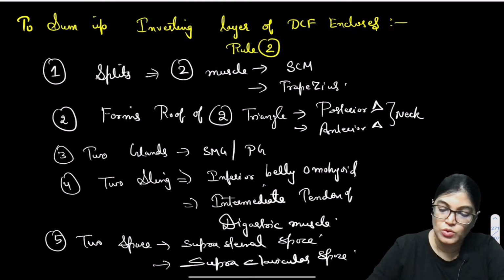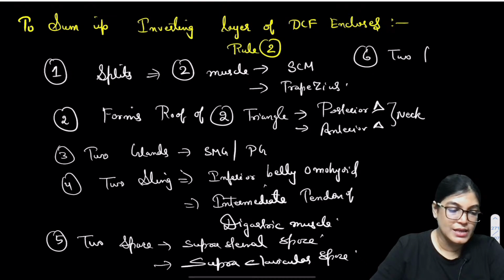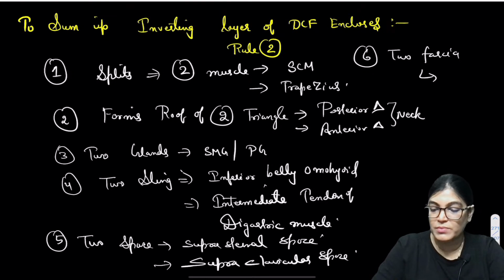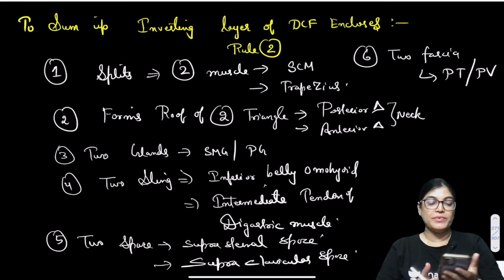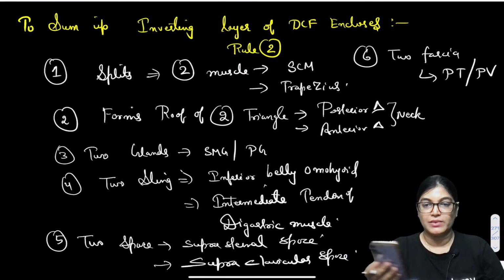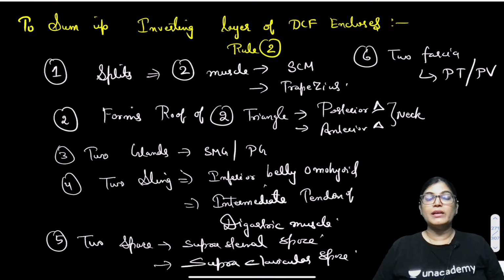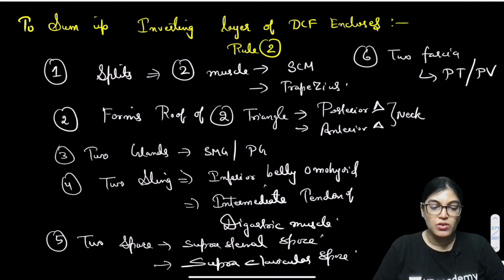It also forms two fascias. Actually, two fascias arise from it, which I am writing in short form as PT and VT. What is that? It gives rise to the pre-vertebral layer of deep cervical fascia and the pre-tracheal layer of deep cervical fascia. These two fascias arise from it.